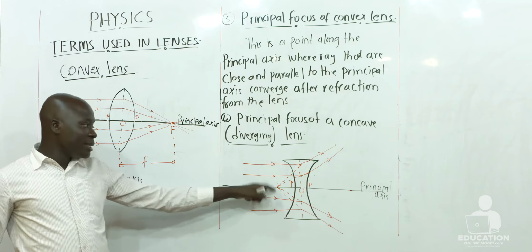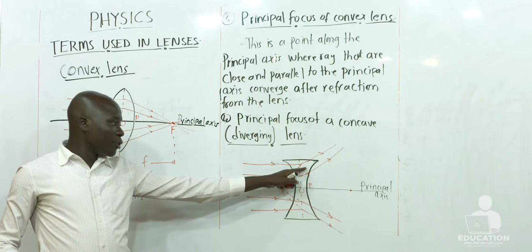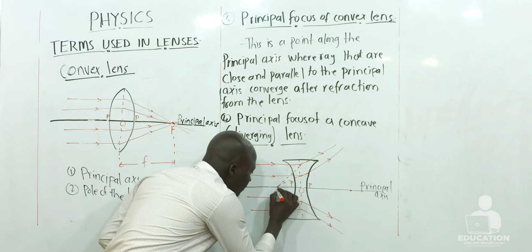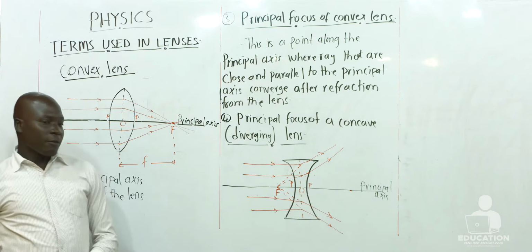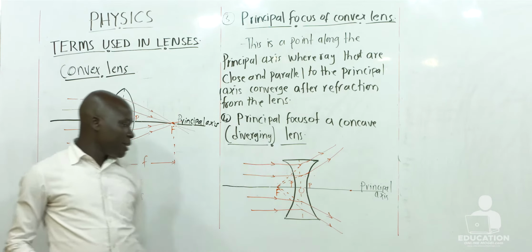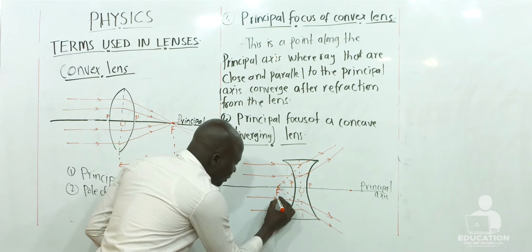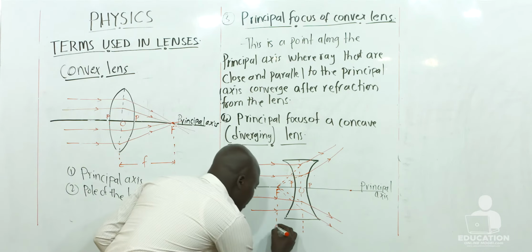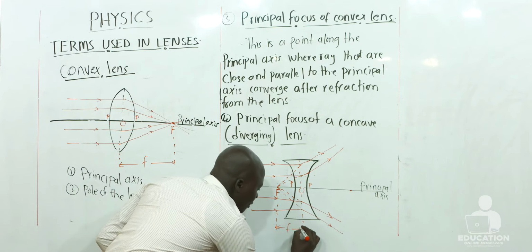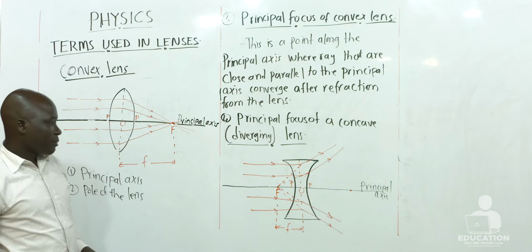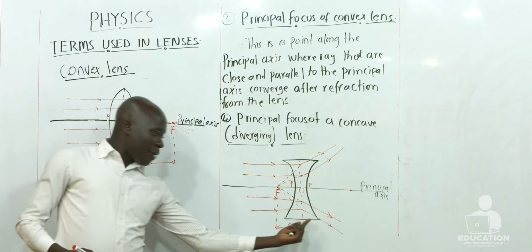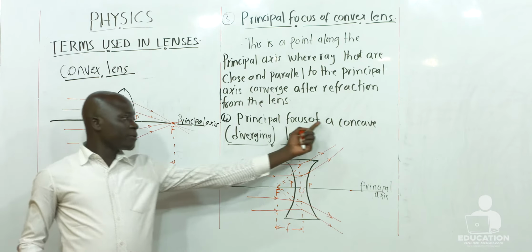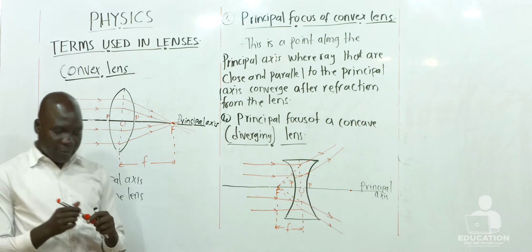So this point where these rays that are incident on the concave lens appear to be coming from is what we call the principal focus of the concave lens. The distance between the principal focus and the optical center is called the focal length. Now, we can go ahead and define the principal focus of a concave lens.